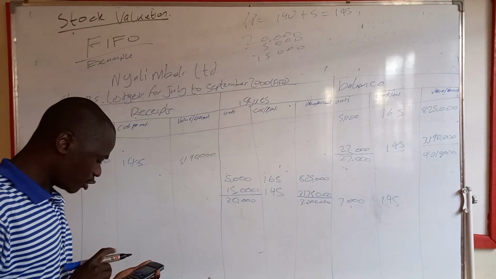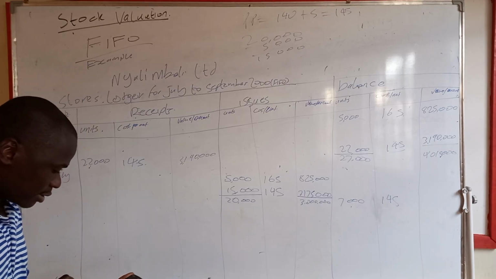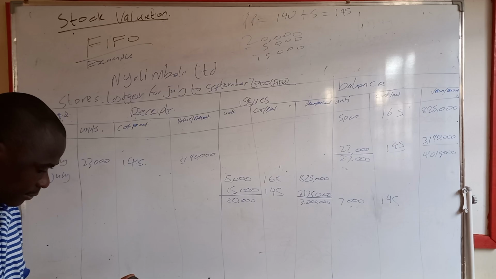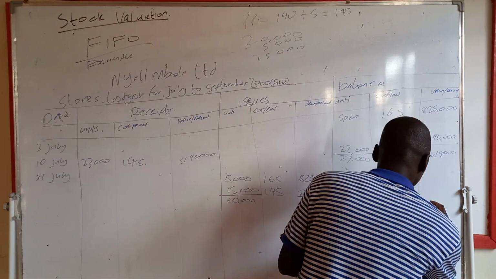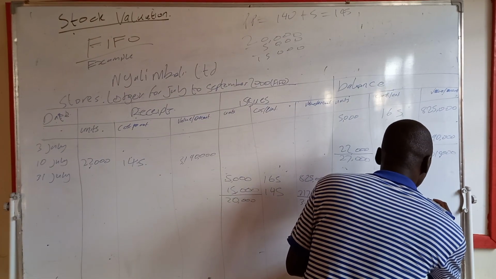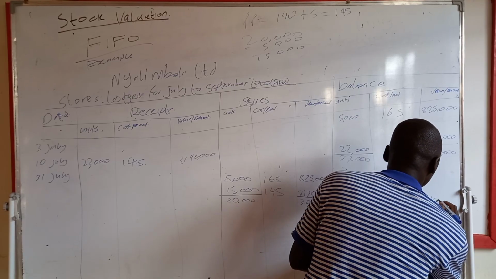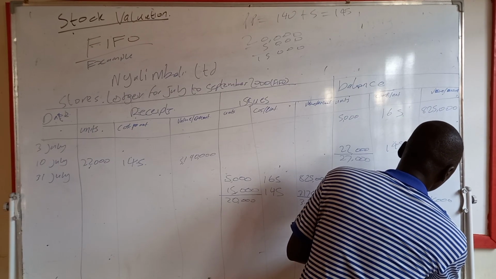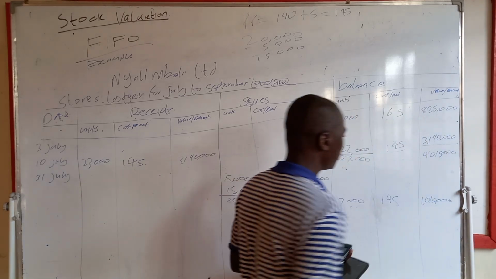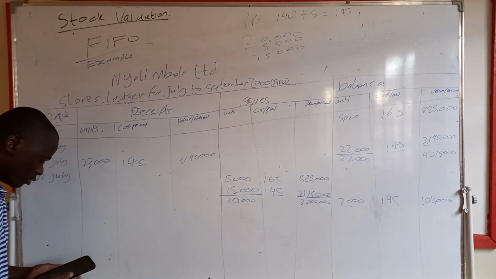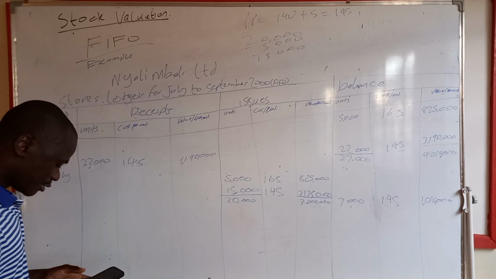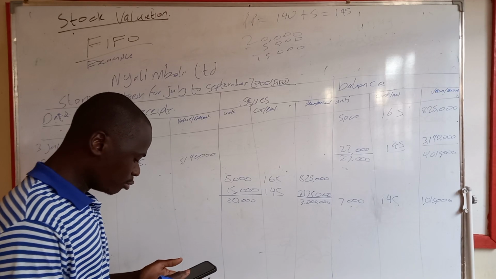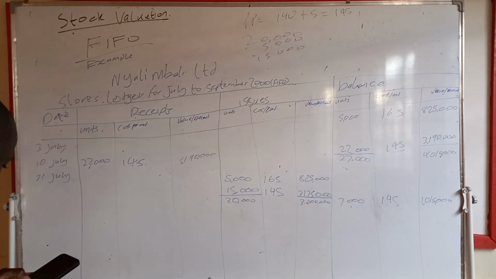Now, what is the value of what remains? 7,000 times 145. That's 1,015,000. Now you move to the next day.